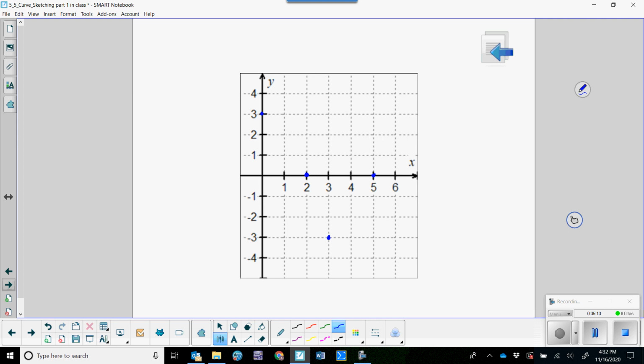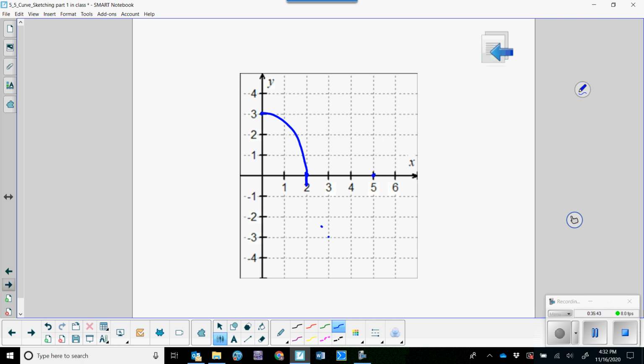So we go from 0 to 2, and we know that we are decreasing and concave down. Then when we get to 2, we change and we're still decreasing, but we're now concave up. So that's concave up to here. Then when we get to 3, we know the derivative is undefined, which is why we have this thing going on here.